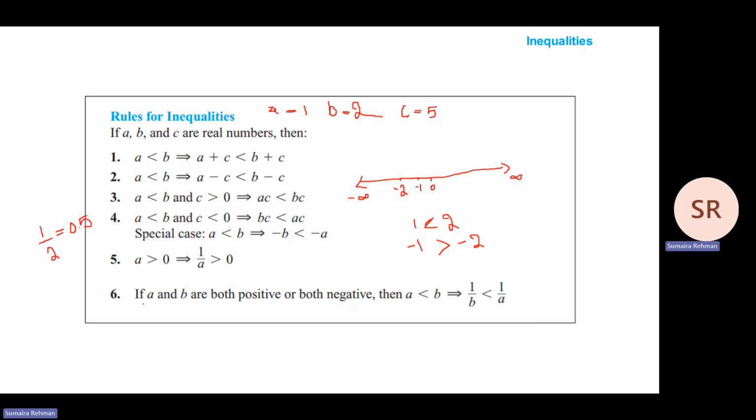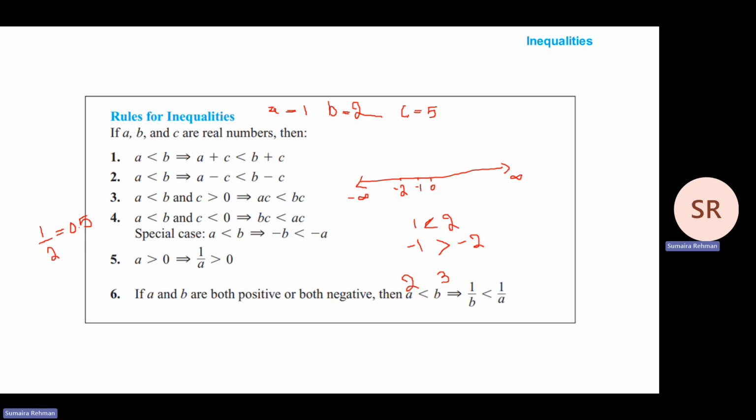Now the sixth is: if a and b are both positive or both negative, then a is less than b implies 1 upon b is strictly less than 1 upon a. So let us consider that a is 2 and b is 3.